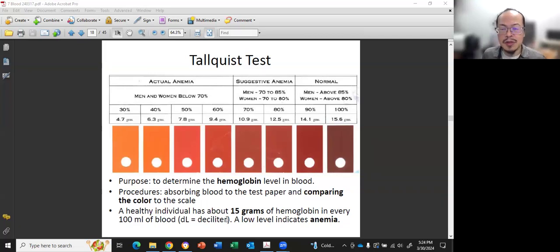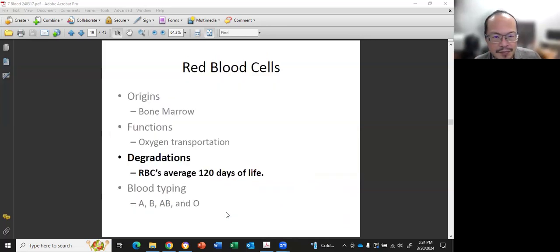Some of you probably know this one in the hospital, CBC, complete blood count. It will give you everything. Nowadays basically all hospitals have that device. But if we don't, we can examine it by this Tallqvist test. So that's that. All right.